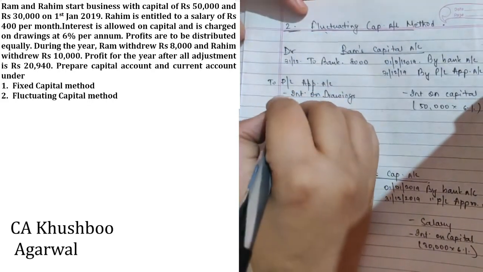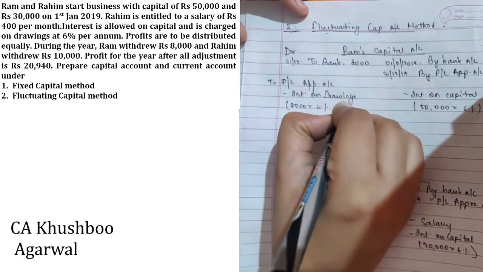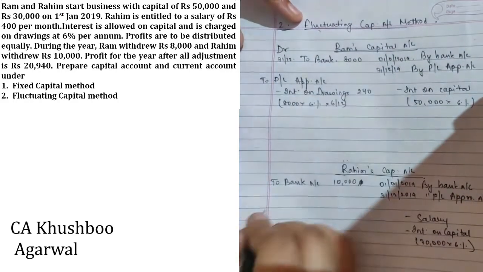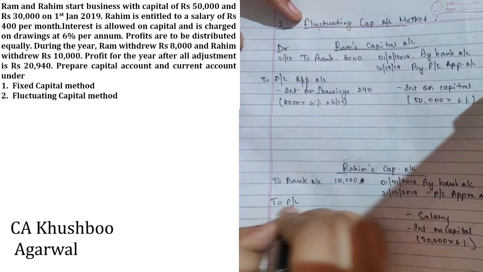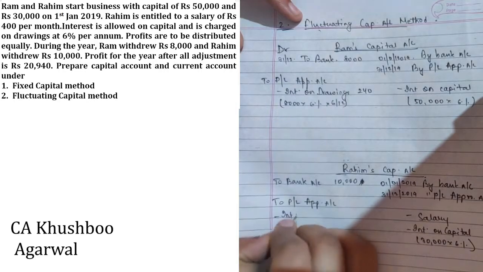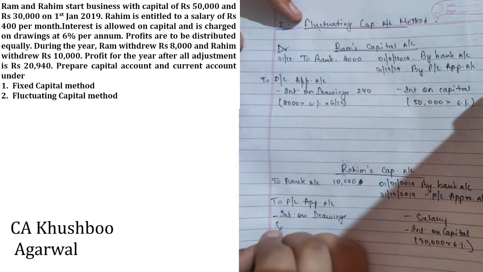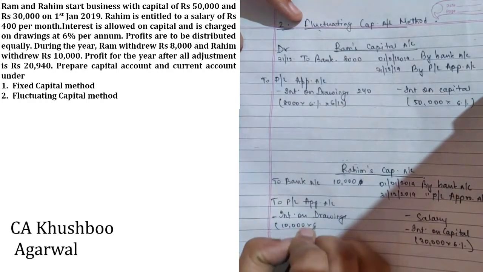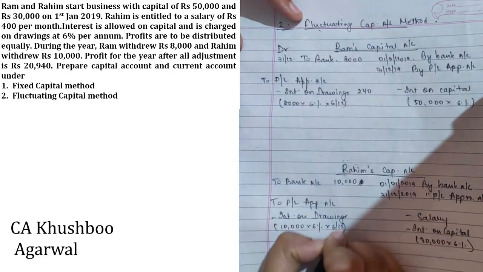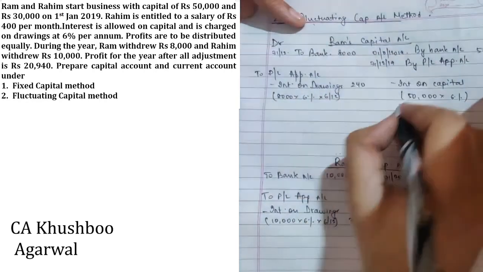Therefore, the interest on drawings will be 8,000 into 6% into 6 by 12, 240 for Ram and 10,000 into 6% into 6 by 12, that is 300 for Rahim.